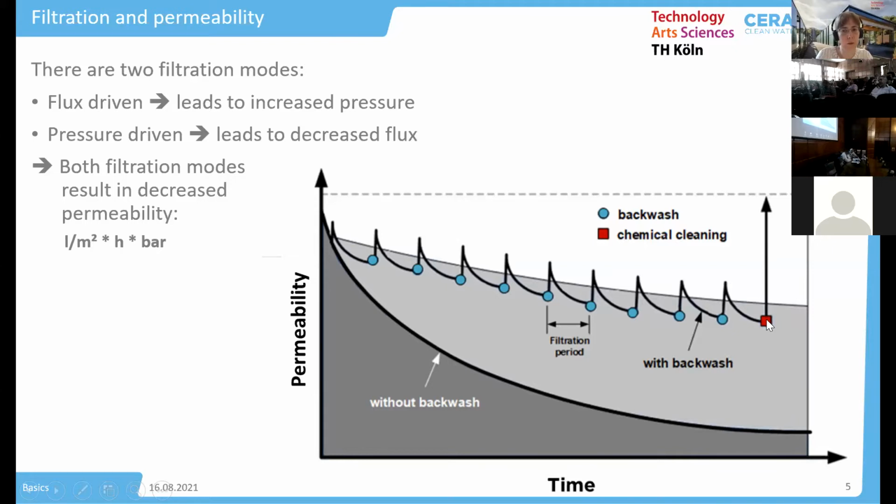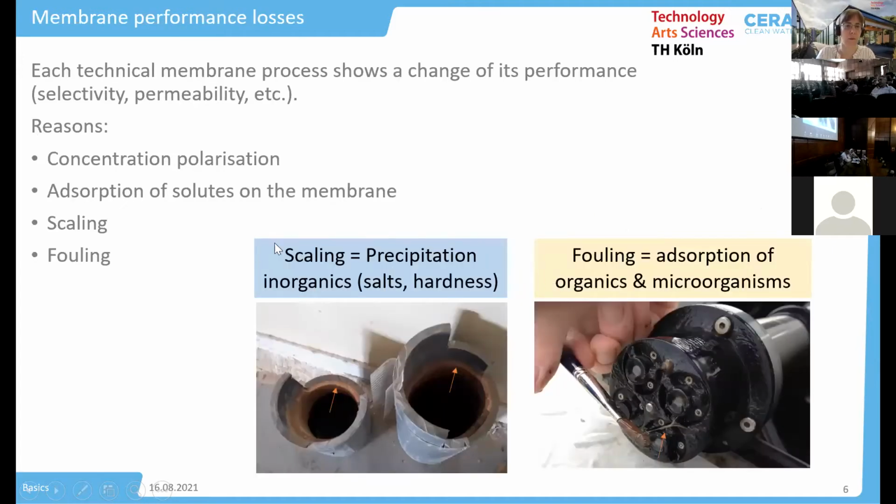The question is, what is causing this chemical cleaning need and even this backwashing? We see that each technical membrane process shows a change of its performance. We have either a change in the selectivity or the permeability. The reasons are concentration polarization or adsorption of solids on the membrane, scaling and fouling processes.